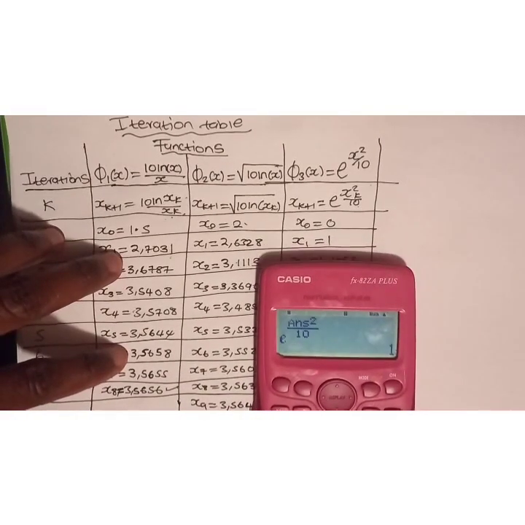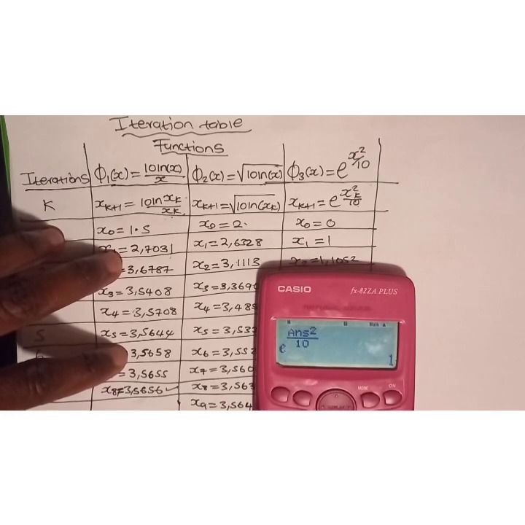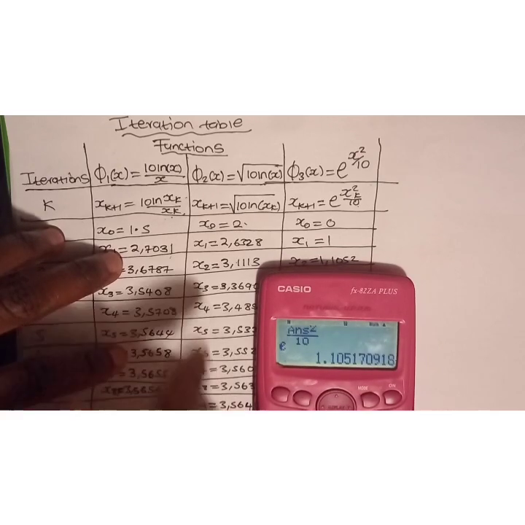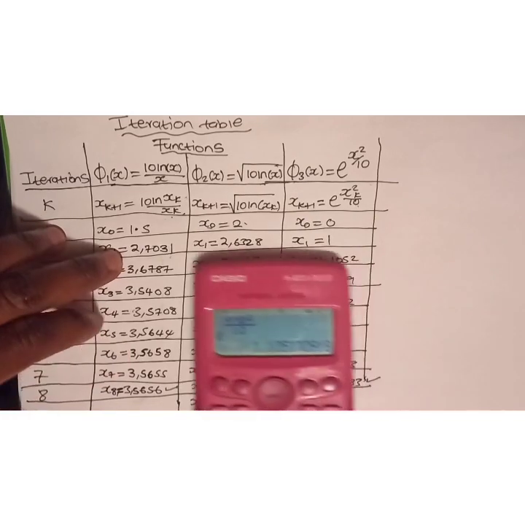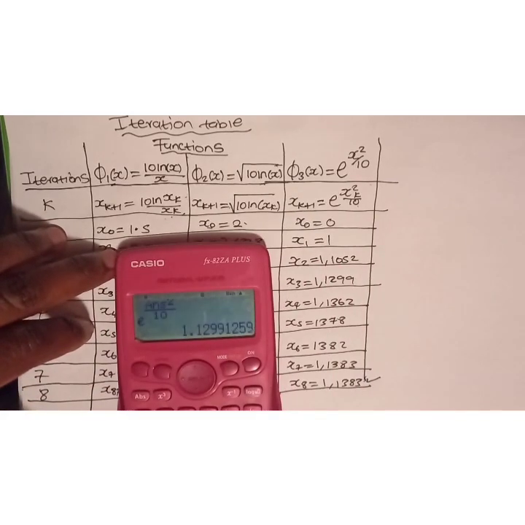So for x2, as I did here, I'll just say answer, then I'll get this value as you can see here. For x3, I'll get this value. For x4, I'll get this value. For x5, I'll get this value. For x6, I'll get this value. For x7, I'll get this value.